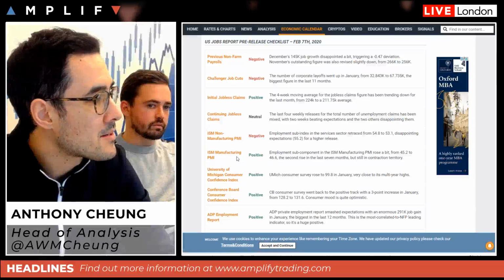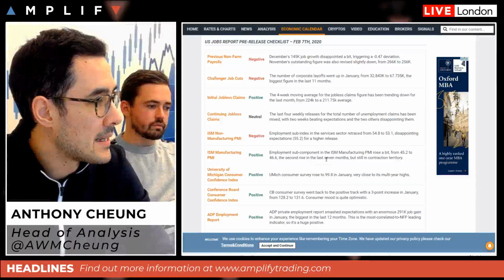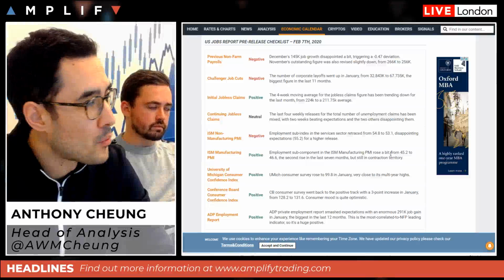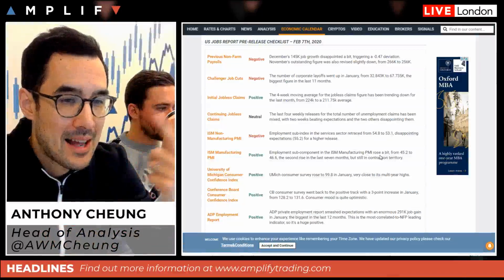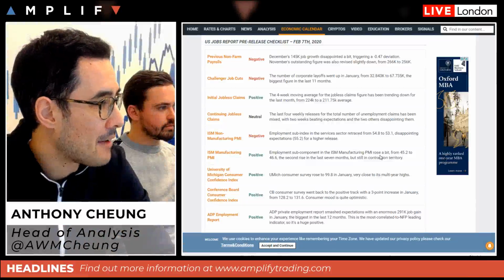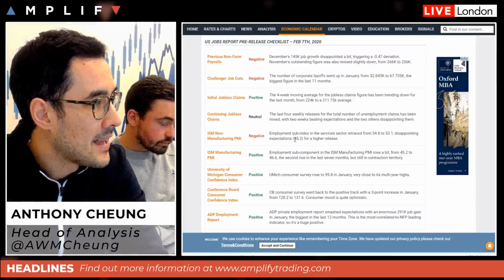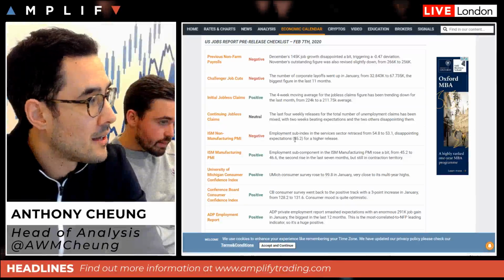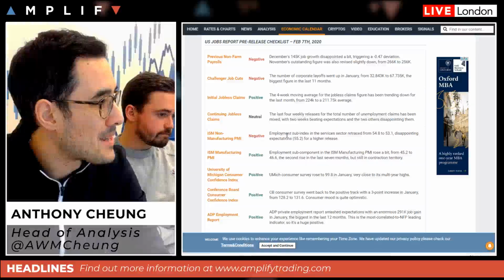On those two numbers, the manufacturing side, the employment subcomponent actually went up from the prior month, albeit still below 50, so it does mean it's still in contraction, despite that headline reading moving back above that key level. The actual employment sub-index in the non-manufacturing actually worsened a touch, moved from 54.8 to 53.1. Now, that would be a slight negative.